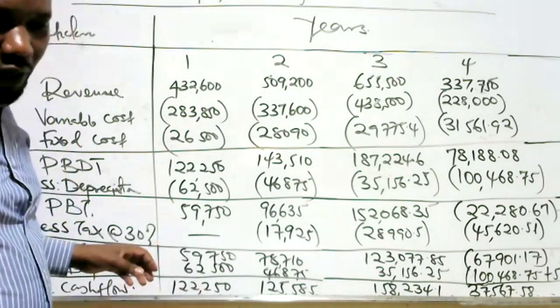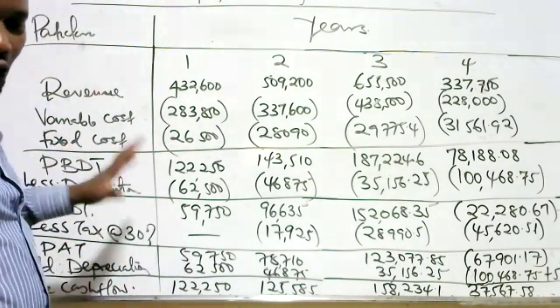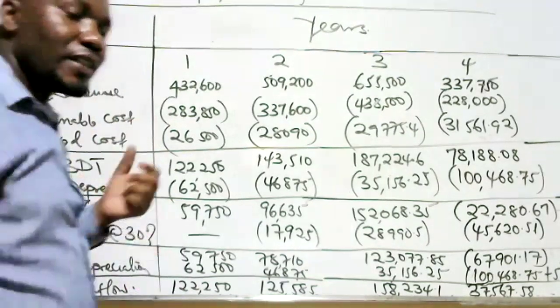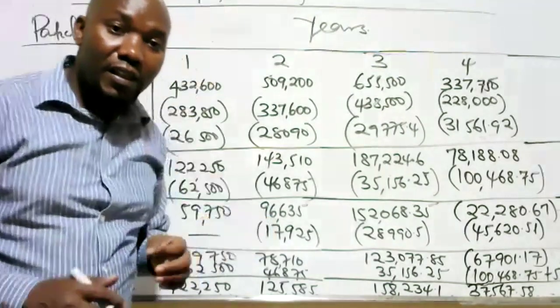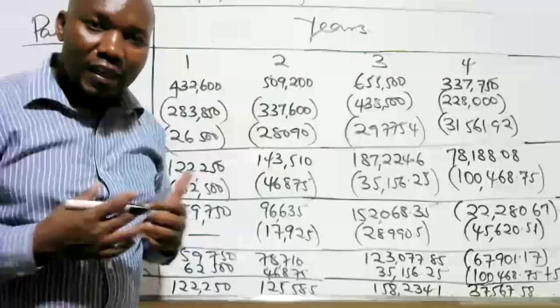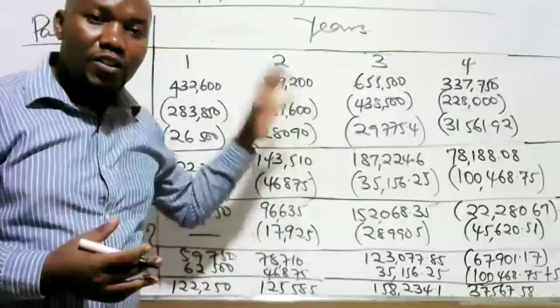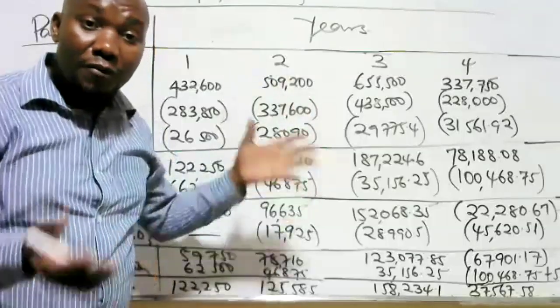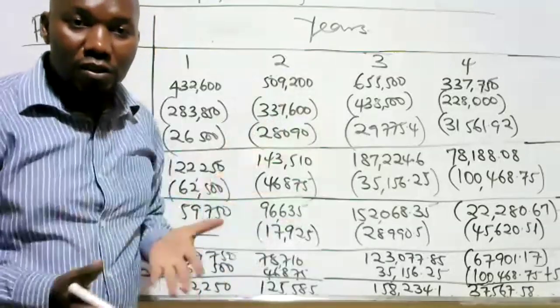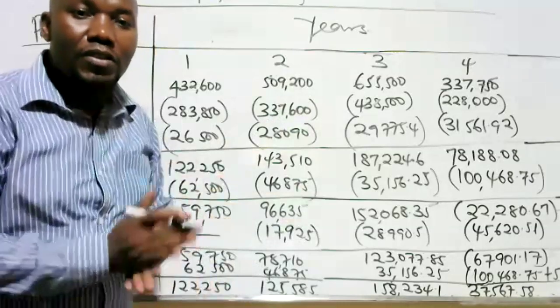This free cash flow, we are not told that it's real. The examiner can say it is nominal cash flow or real. If the examiner is silent, you assume that the cash flow is nominal, iko na inflation in it. If it is real, inamaanisha ametoa inflation. So if the examiner is silent, you assume it is nominal.